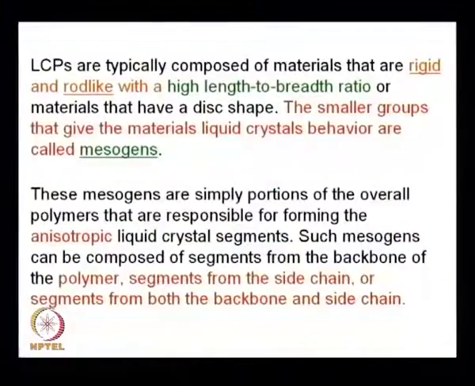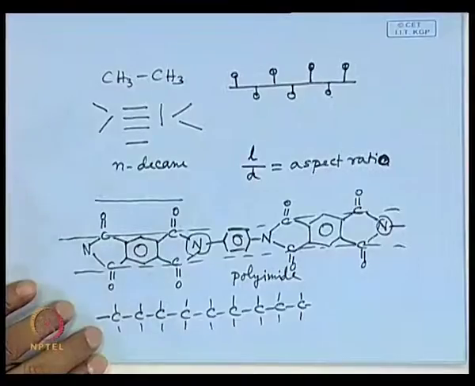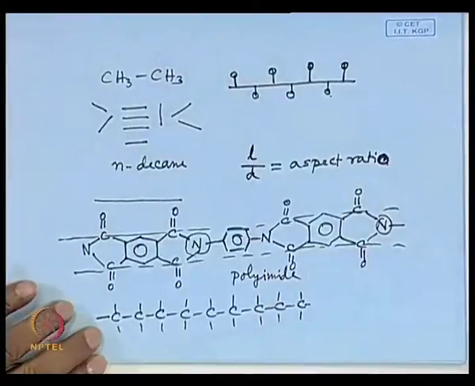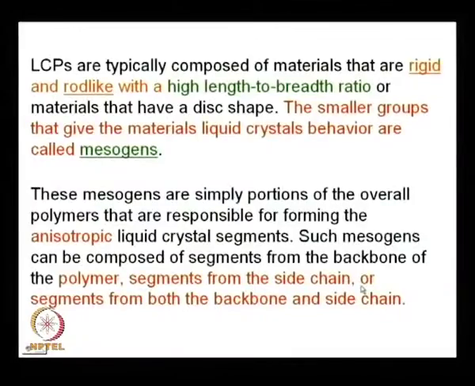These mesogens are simply portions of the overall polymers that are responsible for forming the anisotropic liquid crystal segments. Such mesogens can be composed of segments from the backbone of the polymer, as I told in this case, segments from the side chain, as I told in this case, all right, or segments from both the backbone and side chains.